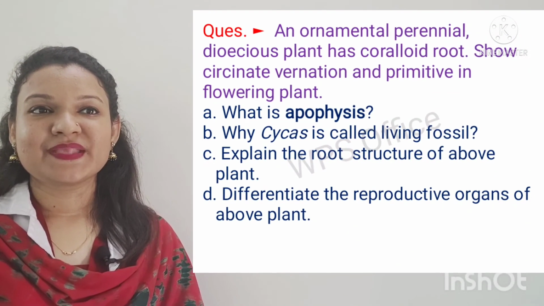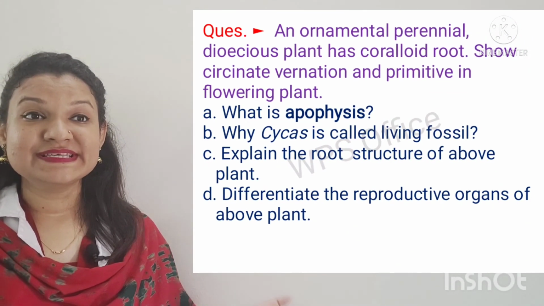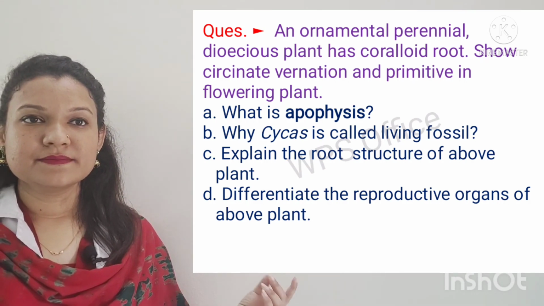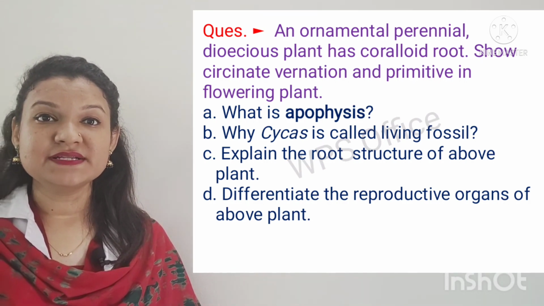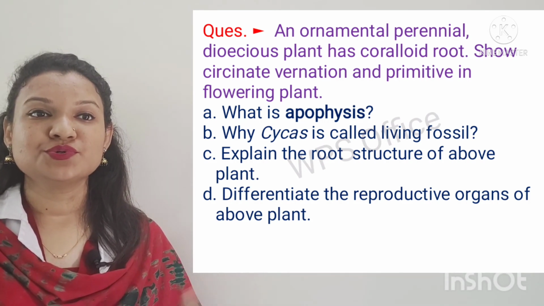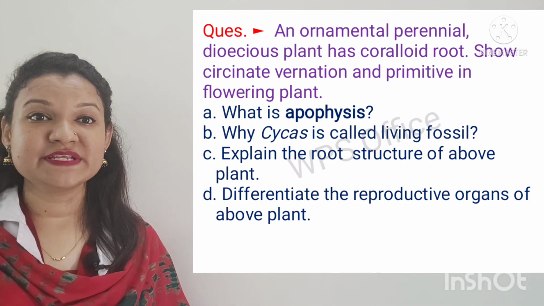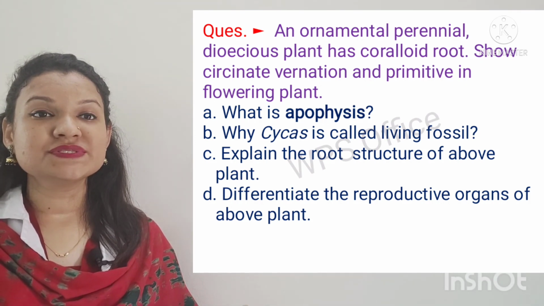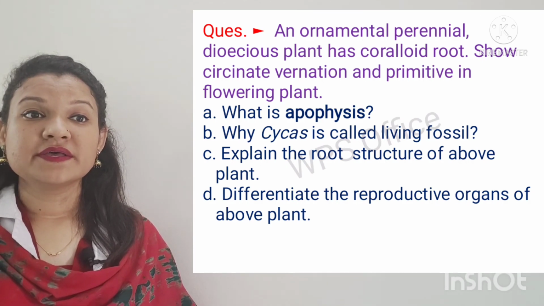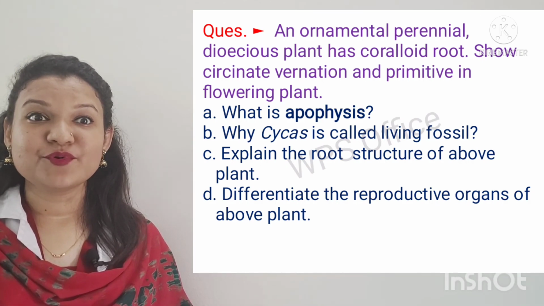Now it is time for homework. So, dear students, this is our stem: an ornamental perennial dioecious plant that has coralloid roots and shows circinate vernation and is primitive among flowering plants. The questions are: A, what is apophysis?